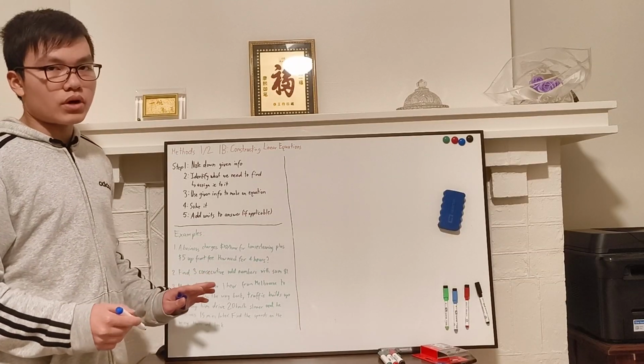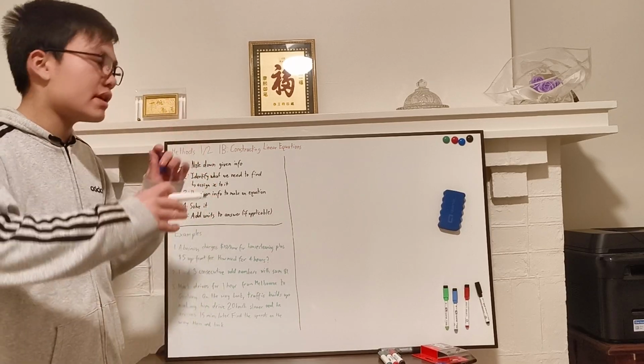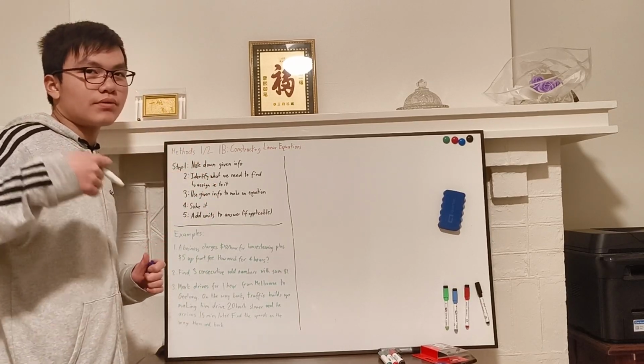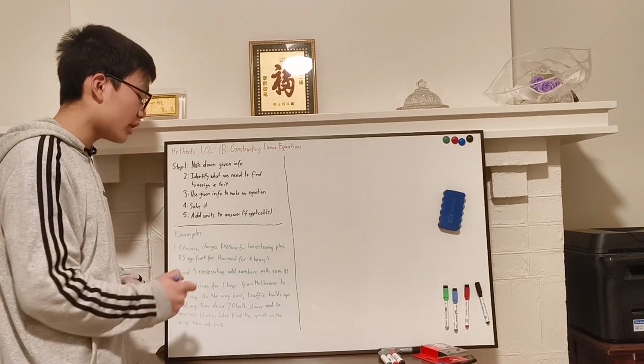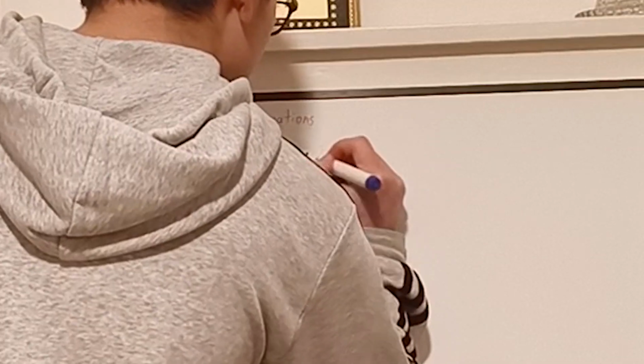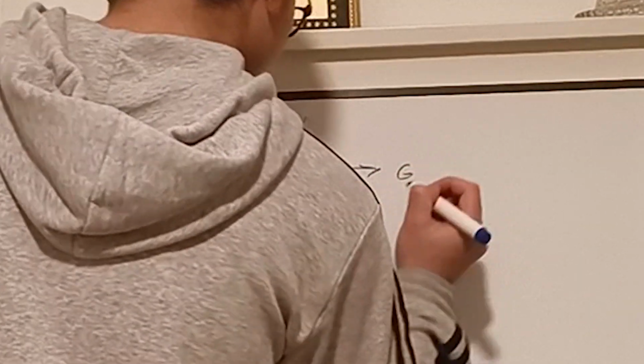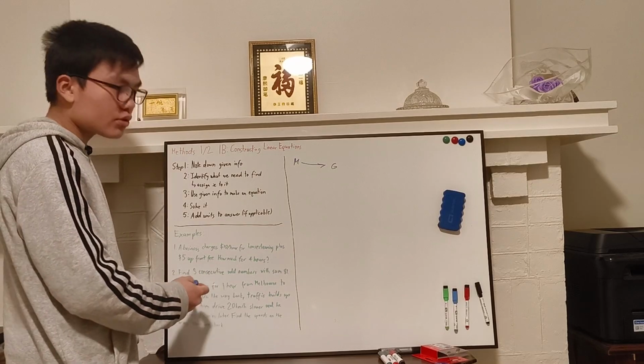So this sort of question is a little bit complicated, so let's break it down. Let's draw some sort of illustration to help us visualize this. So, Melbourne to Geelong, the time it takes for him is 1 hour.